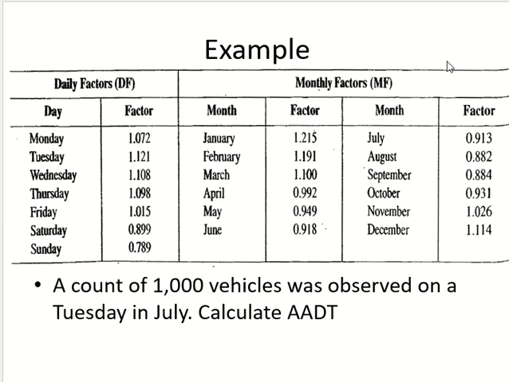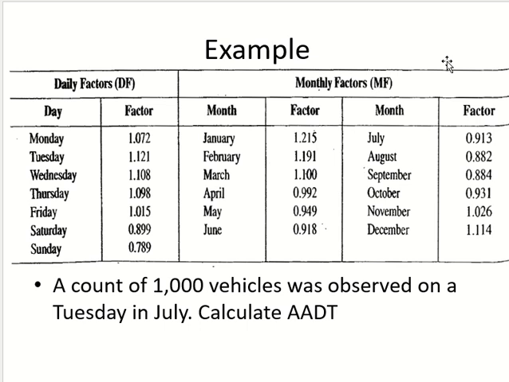For example, let's say for a control count location, they calculated these factors. You can see the factor for every day of the week and every month of the year. Now, in the same network, remember, in the same network, so this control is a part of the network, at some other location they took the count of 1,000 vehicles on a Tuesday in July.